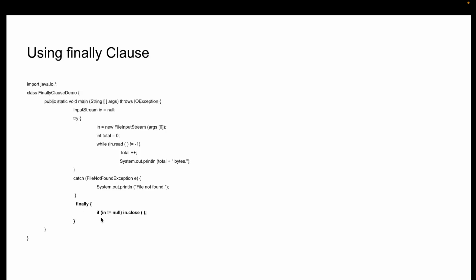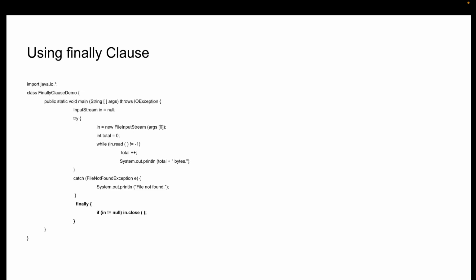The finally block is mainly used for closing database connections, closing the streams, closing the files. This is mainly the usage of the finally block, and it definitely gets called, meaning even if the exception was caught or handled in the catch block, your finally block will definitely be called.